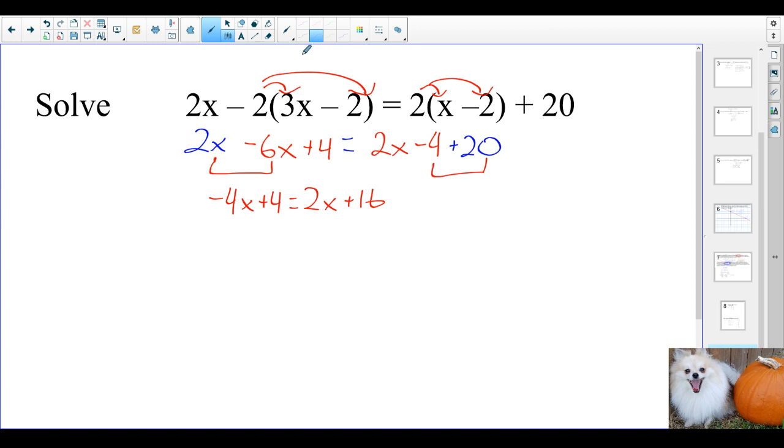Let's bring the negative 4x over, that way I don't have to deal with negative x's. Plus 4x both sides. So we've got 4 equals 6x plus 16. And then I want to get x by itself, so I'm going to subtract 16 from both sides.